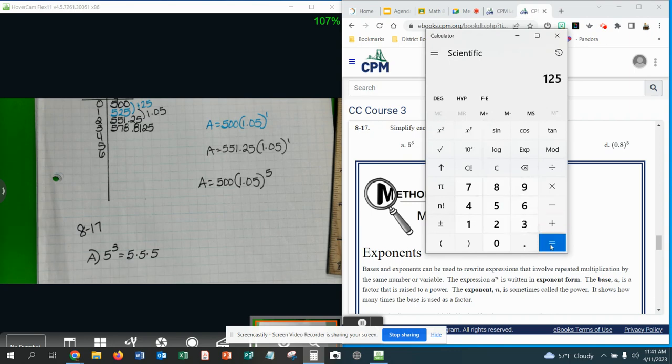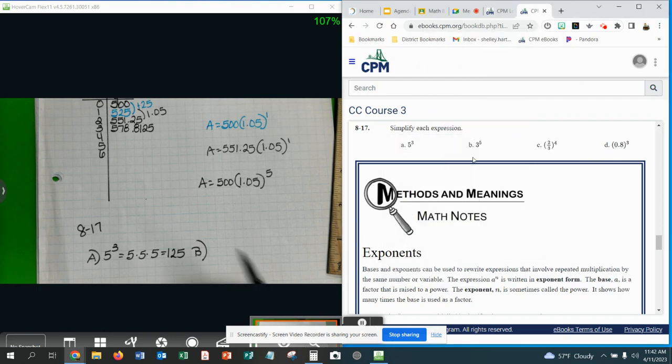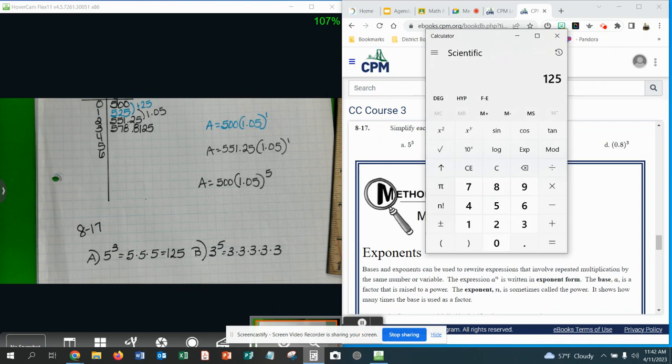It's going to equal 125. If we do B, that's 3 to the 5th, which also equals 3 times 3 times 3 times 3 times 3. That would be the long way. We are going for the short way: clear, and then 3, exponent button, 5. And I have 243.